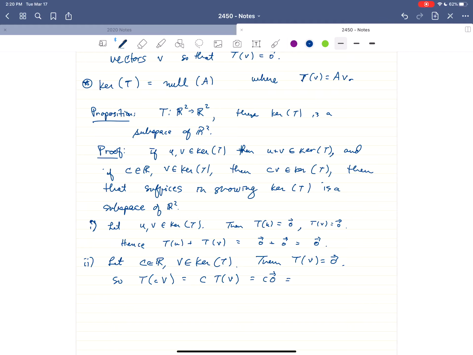Any constant times the zero vector is the zero vector. So this tells us that U plus V is in the kernel, and C times V is in the kernel. So in other words, the kernel is a subspace of our input, our domain R2.